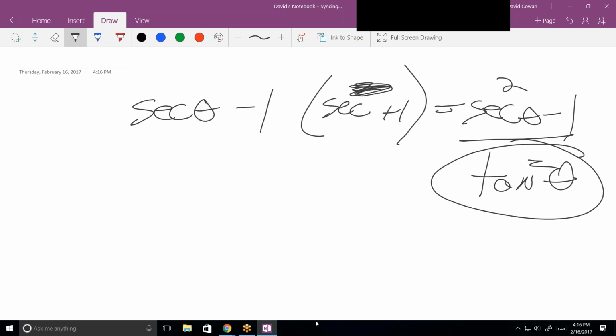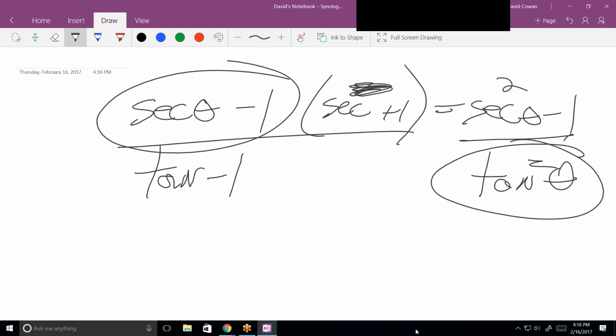So it's a little different with the other four trig functions. It's not 1 minus cosine, it's secant minus 1, or tangent minus 1. So whenever you see a trig function minus 1 or 1 minus a trig function, think multiply by the conjugate.